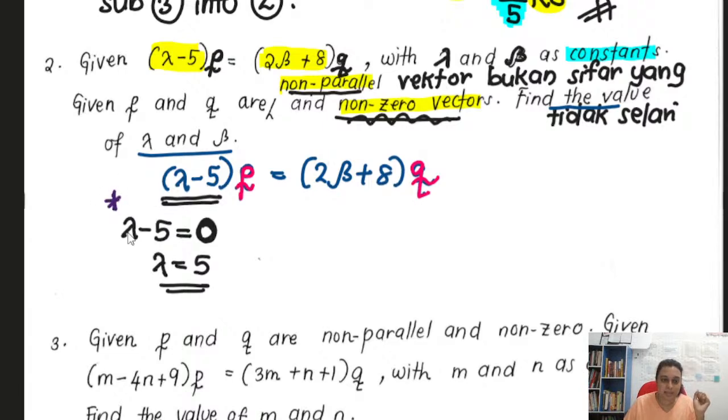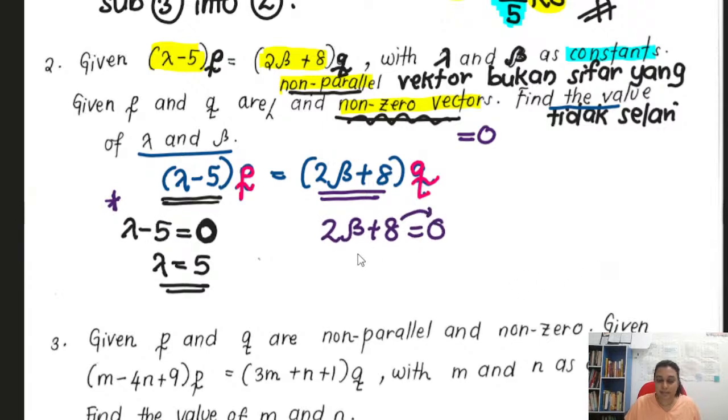Please remember this. When you see not zero, not parallel, straight away make it equal 0. Terus jadikan dia sama dengan kosong. The back part is the same. You take 2 beta plus 8, equal it to 0, so you can get beta. 2 beta ialah negatif 8, beta ialah negatif 4.